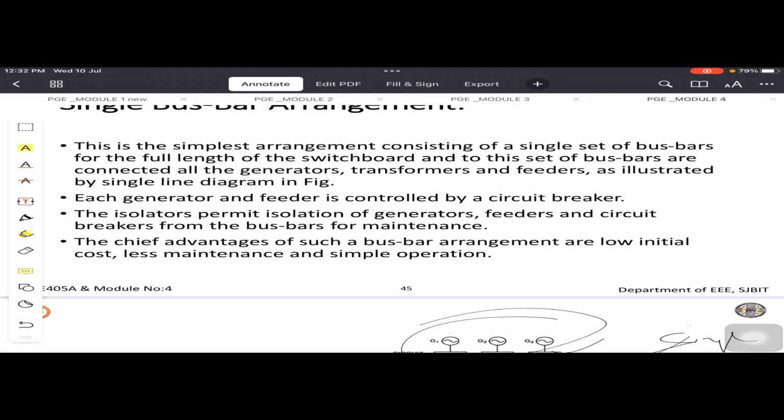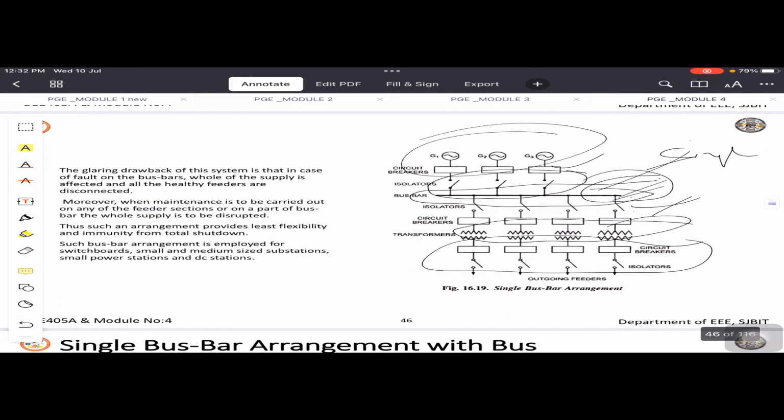One major advantage is that the cost is less because only one bus bar is used. But there are certain drawbacks also. If something goes wrong in the substation and this bus bar has to be replaced or repaired, then the whole supply is affected or stops. The feeders are disconnected in case of maintenance or repair. That has to be kept in mind.